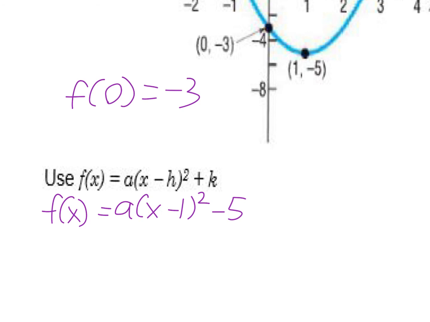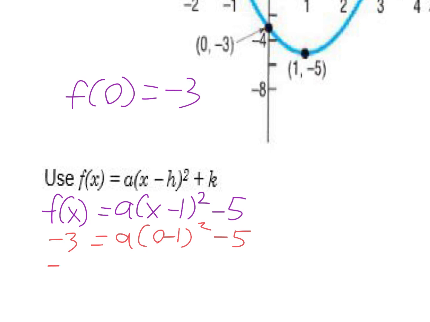So if I'm going to plug in 0 for my x's, I then get negative 3 is equal to a times (0 minus 1) squared minus 5.